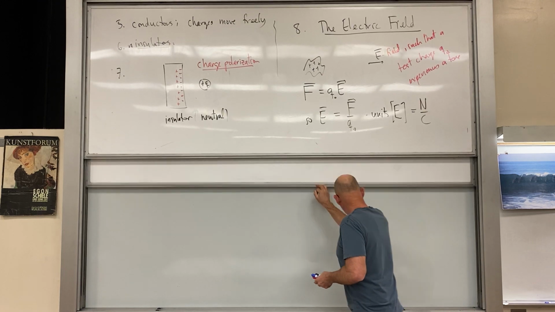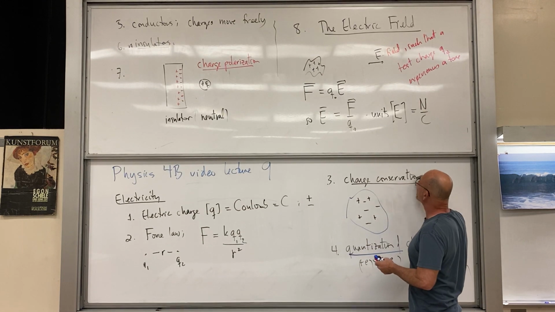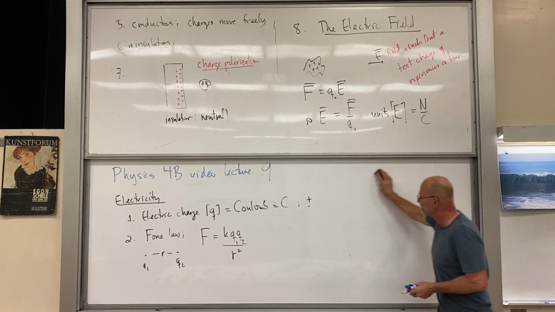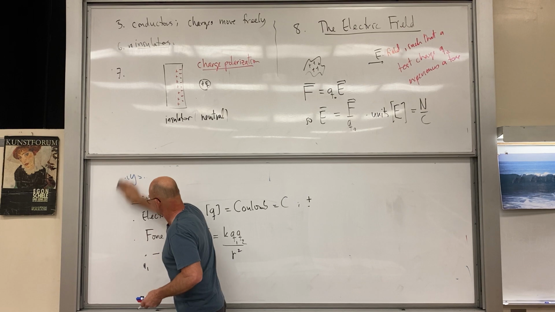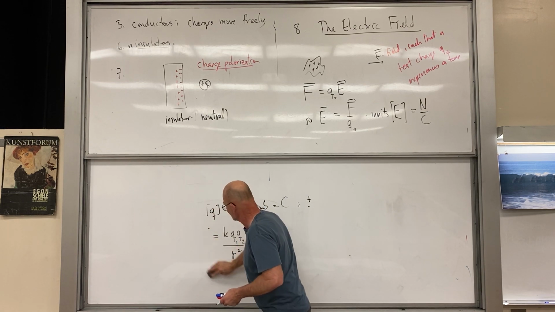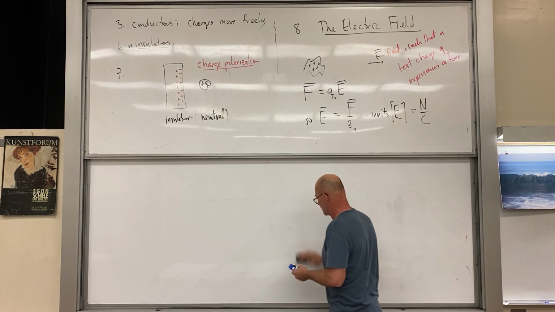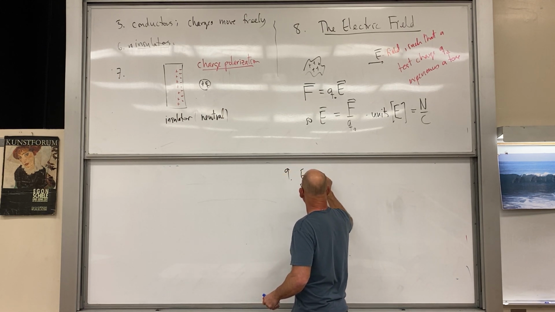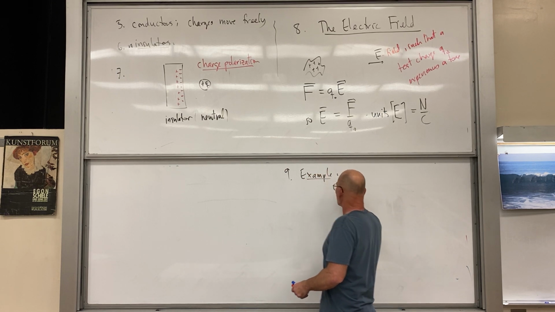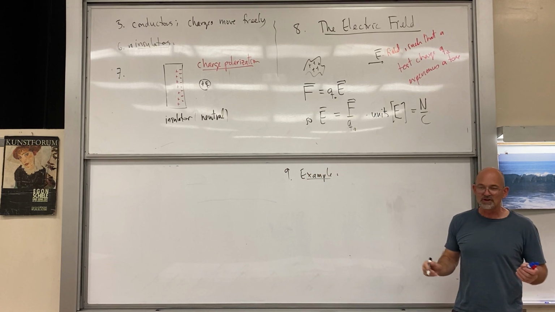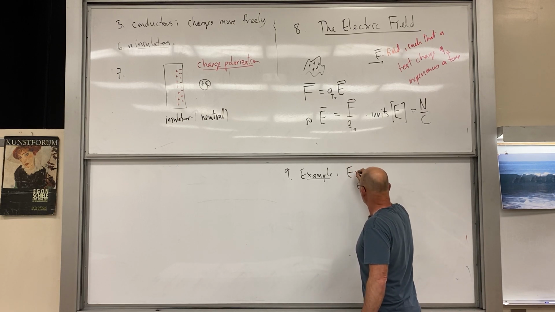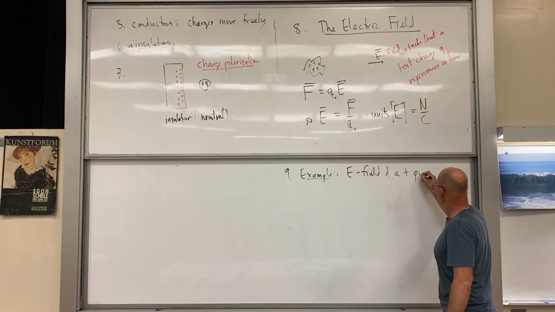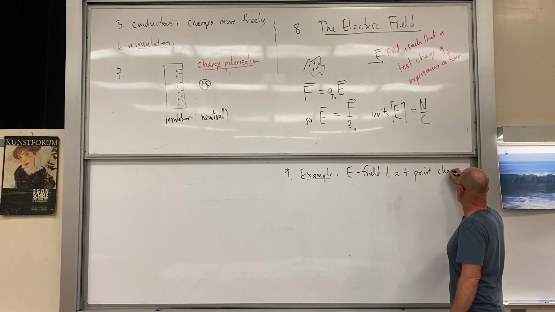We are still numbering, so we've got a 9 coming up. Let's call this, for our example, the E field of a positive point charge.